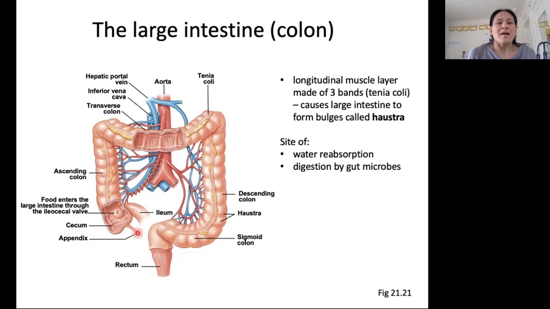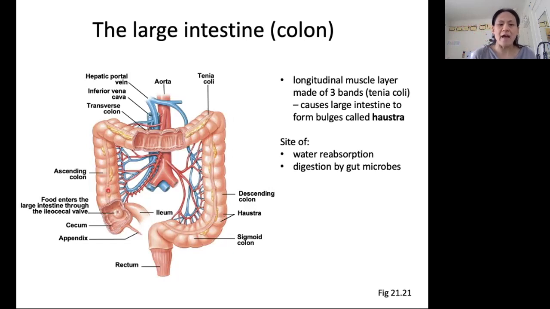All right. The colon has in its muscle layer circular muscle, as we've seen in the other parts of the digestive tract, but you will notice that the longitudinal muscle layer is discontinuous.